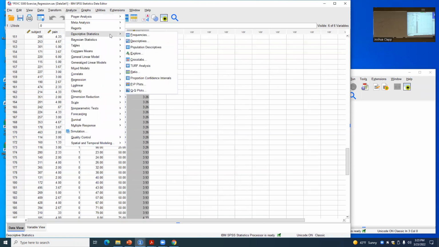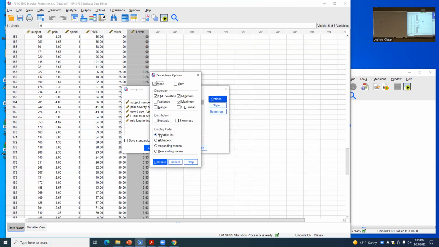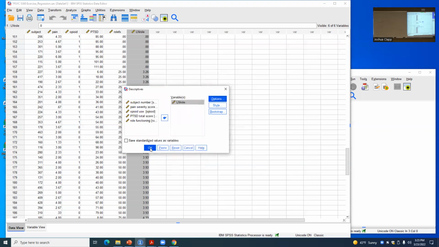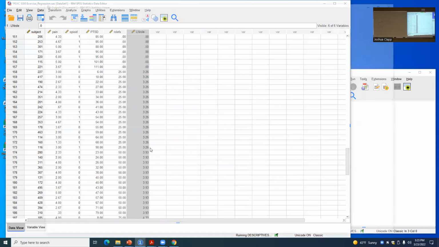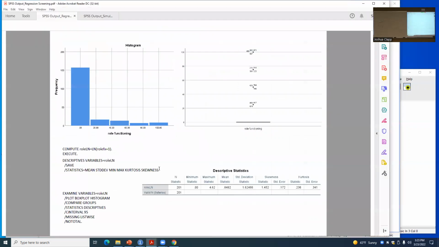Now if I go to analyze, descriptives, and look at my skew and kurtosis values for my natural log. I'll pop this up because it's easier to see.